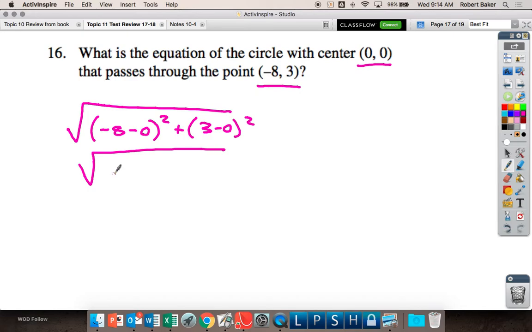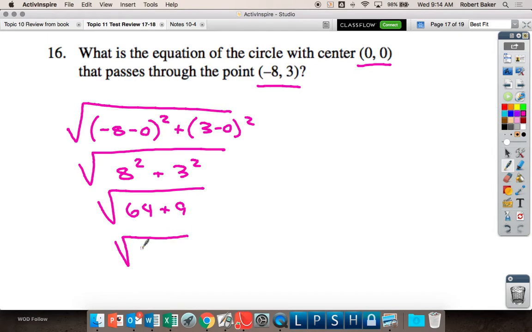And then 0 minus negative 8 is 8 squared, plus 3 minus 0 is 3 squared. 64 plus 9. So the radius equals the square root of 73.